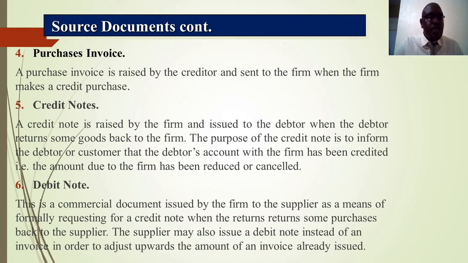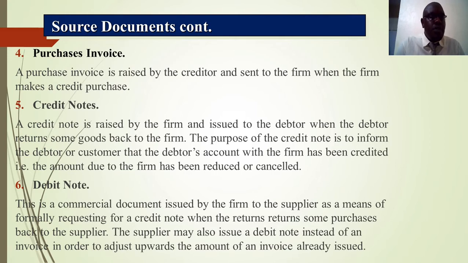So we are informing our debtors that the amount that they are expected to pay has reduced, and the reason for the reduction is because goods of some amount have been returned back to the business because they did not meet the specifications of the customer. Another document is a debit note.